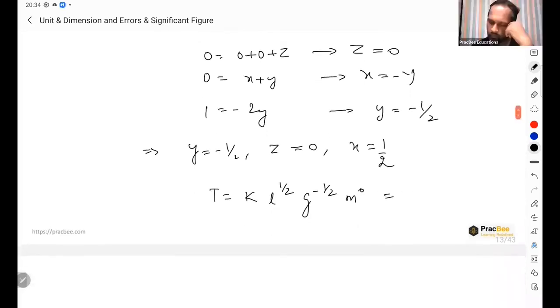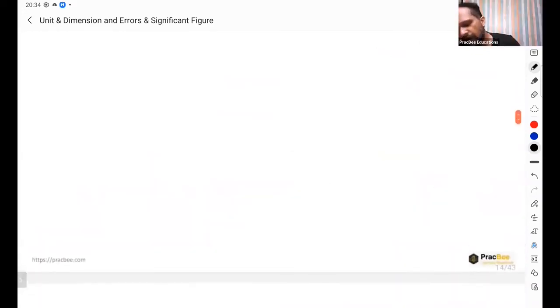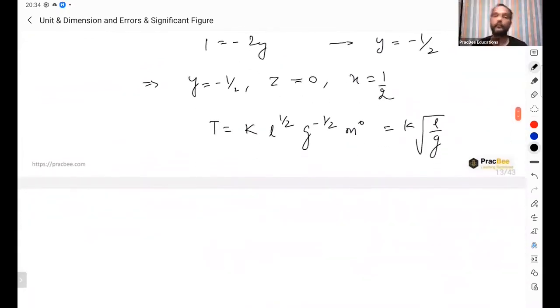So this becomes K into root of L by g. We found out how they are related. So we have seen the application. These are the three types of question that you will get from unit and dimension in your examination.